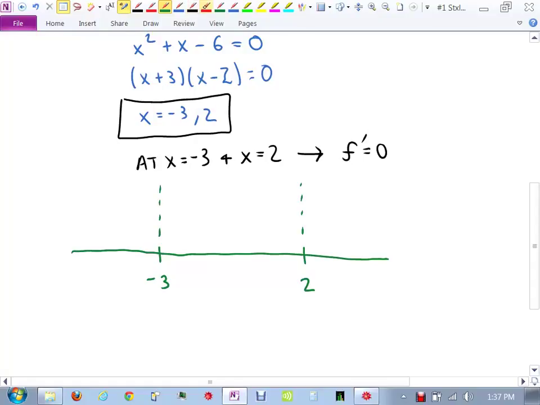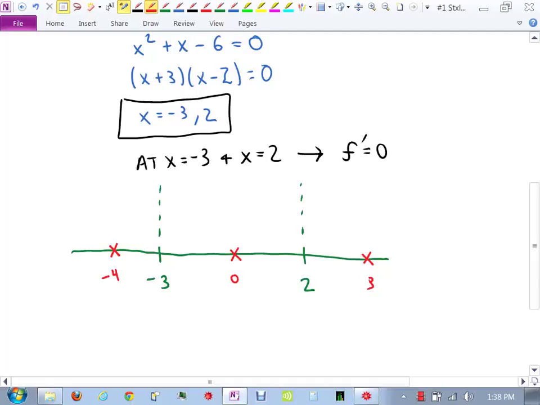And then I'm going to pick test points. I'm going to pick a test point to the left of -3, a test point between -3 and 2, and a test point to the right of 2. Now, the test point you pick can be any point you want as long as it is in that region. So I'll pick -4, I'll pick 0, and I'll pick 3. Is that all right?